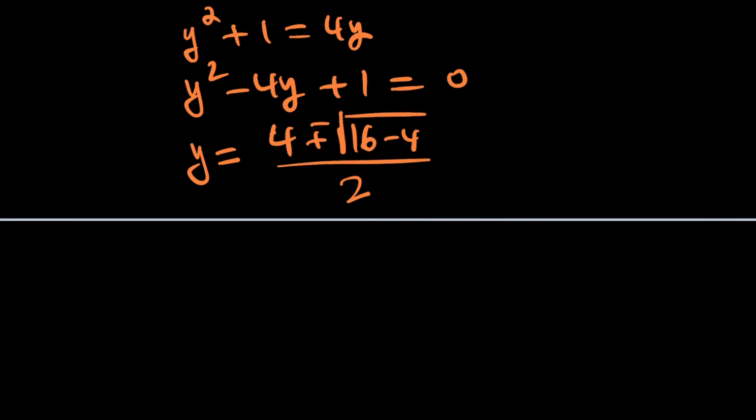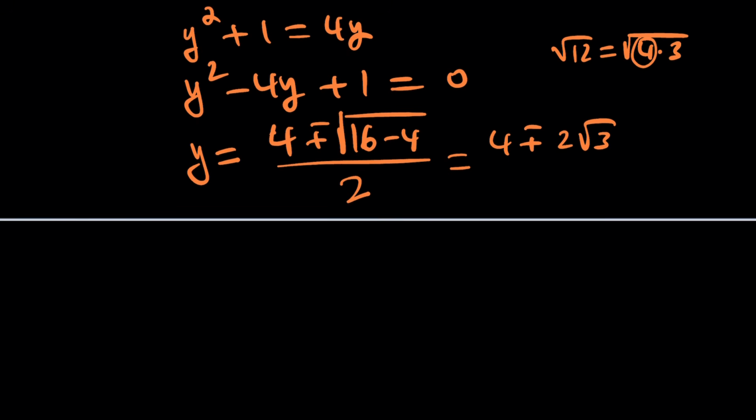That's a 12. The square root of 12 is 2 root 3. You should know that. 4 plus minus 2 root 3, because 12 can be written as 4 times 3, and then you can split them up. Okay? But you should know it by heart, so it's much better. Division by 2 gives us 2 plus minus root 3. Awesome. Does that look familiar?